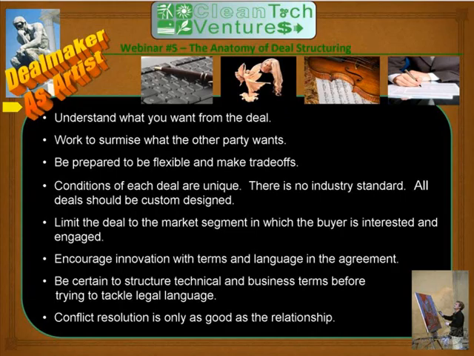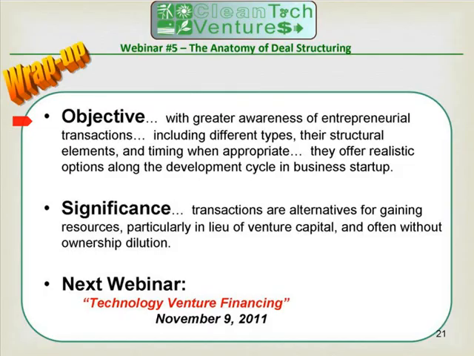Thank you, Mark. That's a real challenge for R&D and engineering development companies. To sum it up, the objective for today was to raise the awareness about entrepreneurial transactions and to provide some insight as to how they're structured. And in doing so, present some realism for applications and options along the full development cycle.